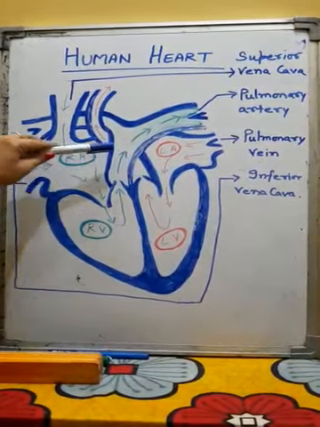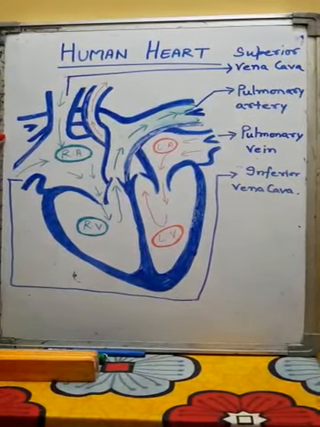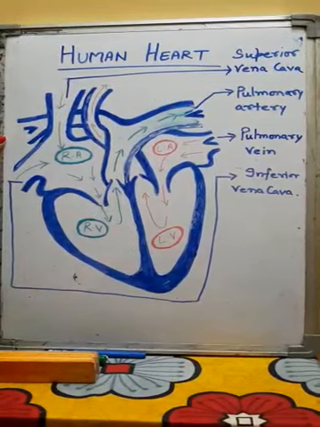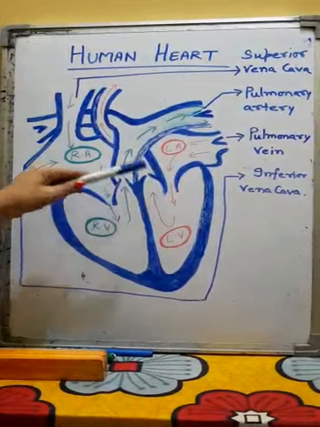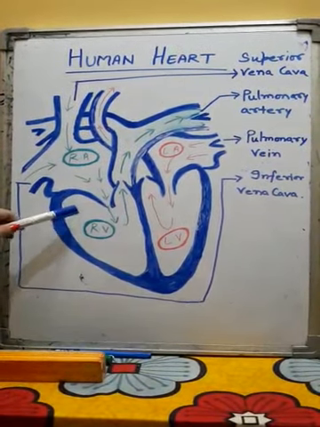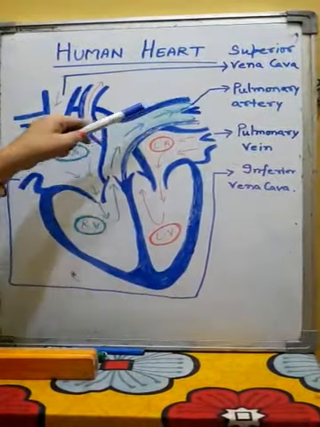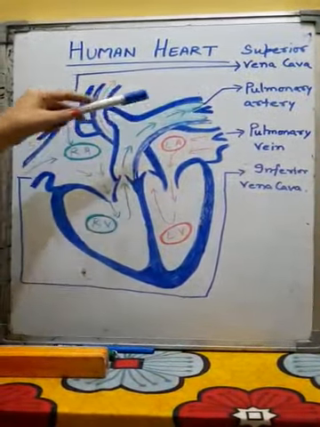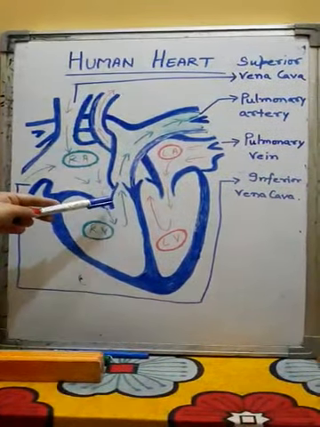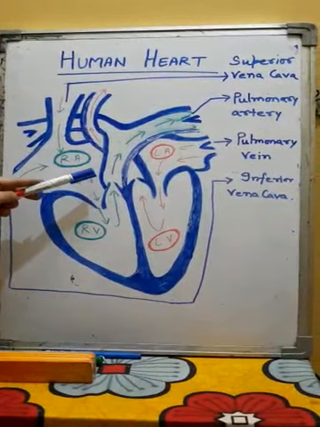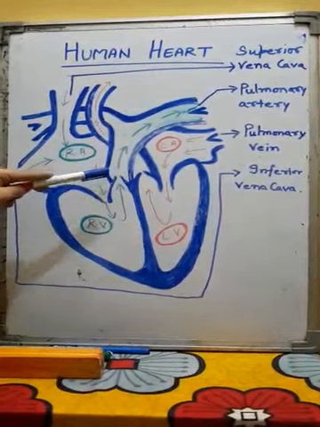This opening is guarded by a valve called semi-lunar aortic valve. Right ventricle opens into the pulmonary artery, through which blood goes inside the lungs for oxygenation. This opening is guarded by the semi-lunar pulmonary valve.